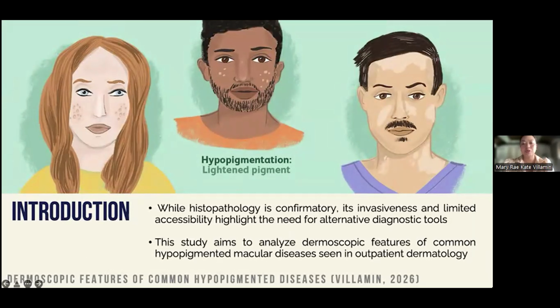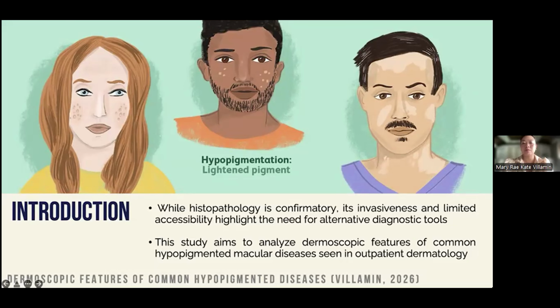This study aims to analyze the dermoscopic features of common hypomelanotic macular diseases observed in the dermatology outpatient department in the Philippines. It also seeks to evaluate the utility of dermoscopy as an adjunctive tool for the rapid and accurate diagnosis of hypomelanotic skin conditions.